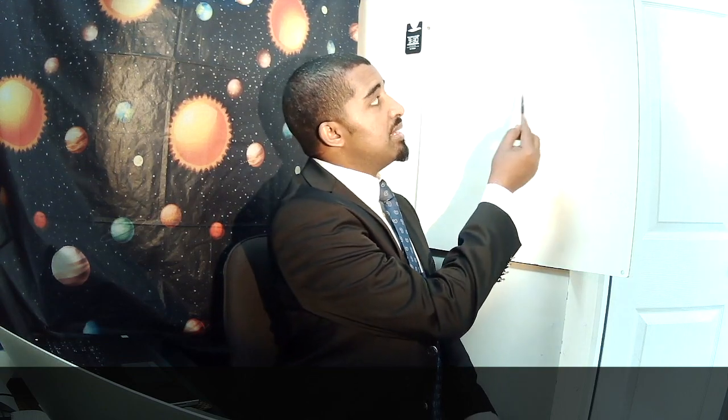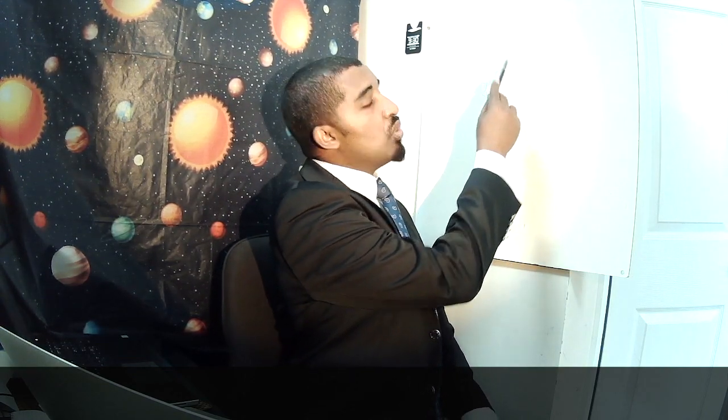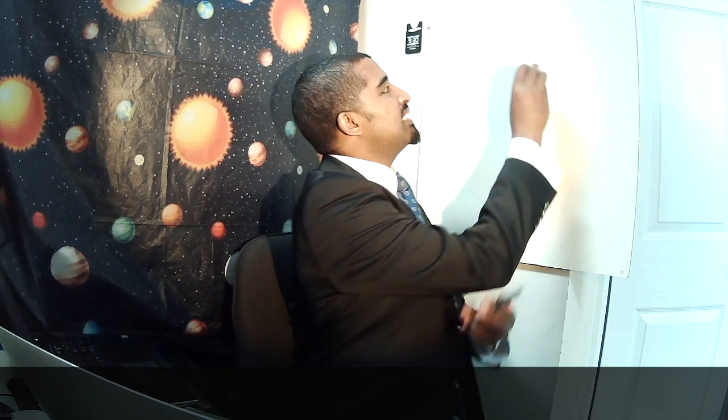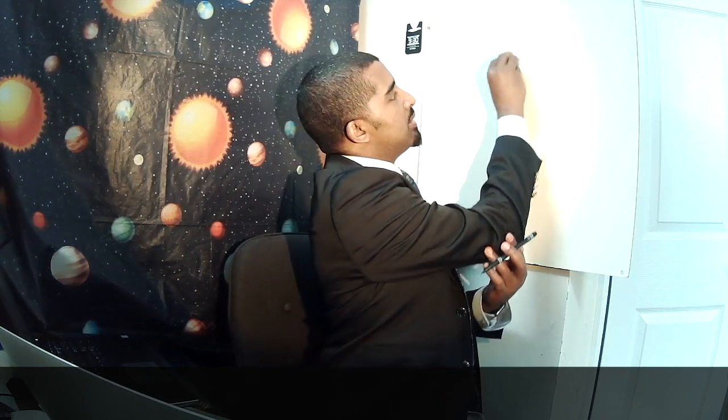So let's think about that. This is the global scope at the top. With that, you have another organization here, organization 1, and you have another organization 2.